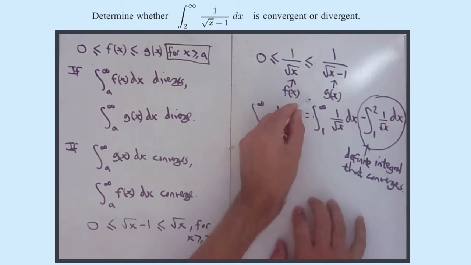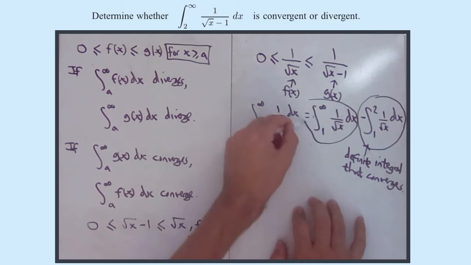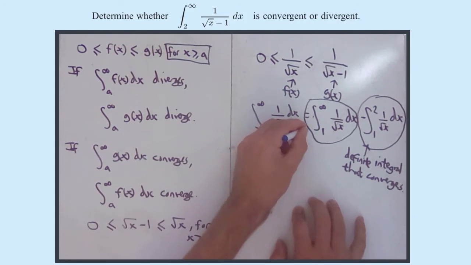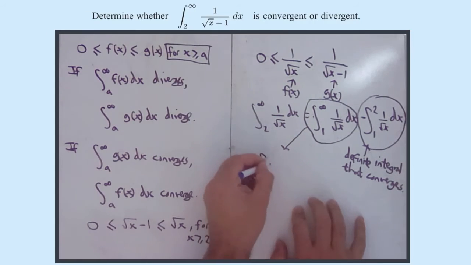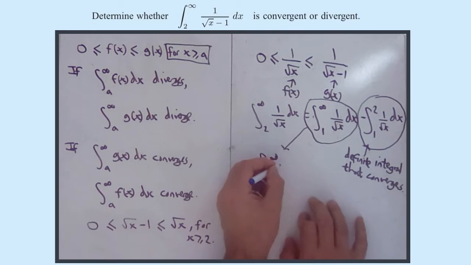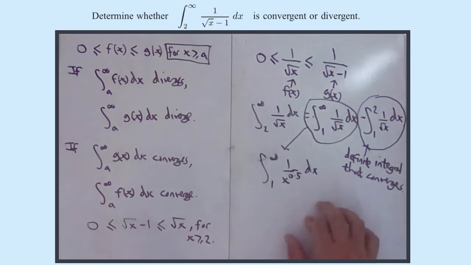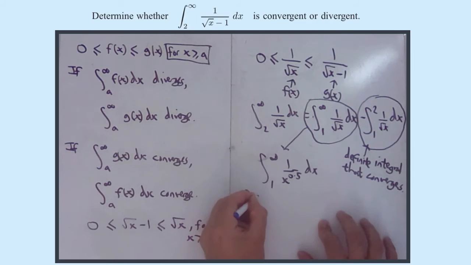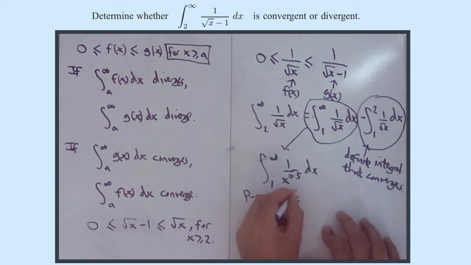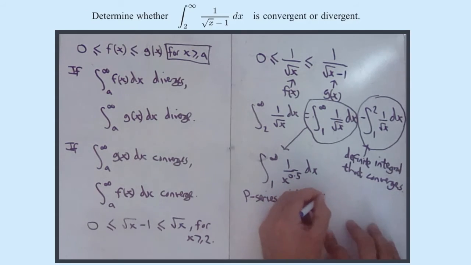This bit here is a p-series. It's the integral between 1 and infinity of 1 over x to the 0.5 dx. So this is a p-series with p less than or equal to 1.